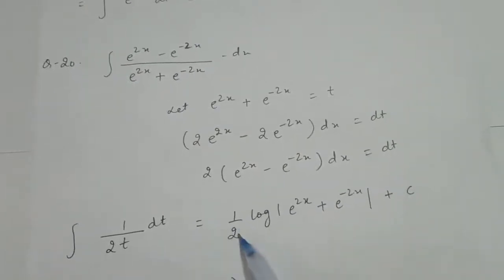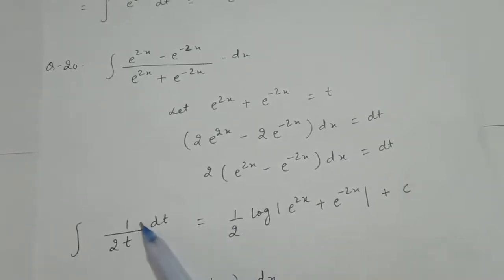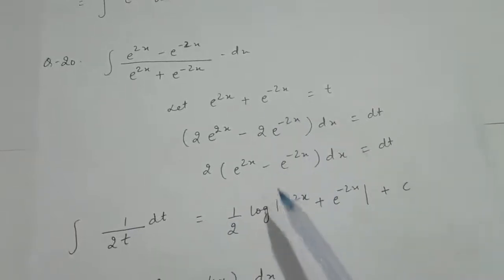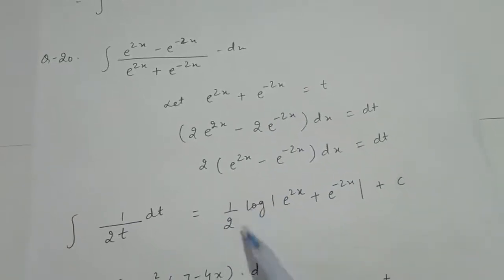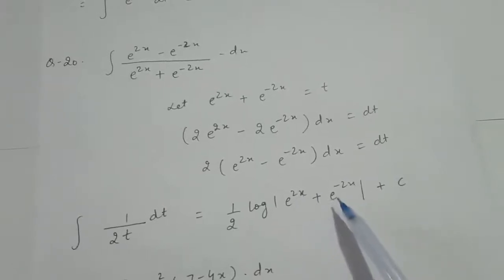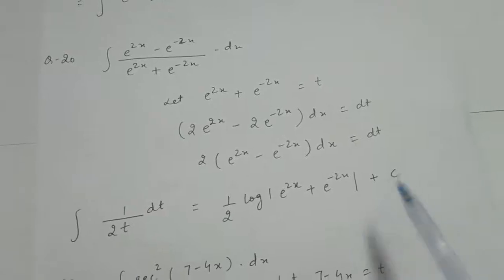Now 1 by 2 is constant, can be taken outside from the integral, and integral of 1 by t is log t, and t is given as this. So you will get the answer as 1 by 2 log mod of e raised to the power 2x plus e raised to the power minus 2x plus c.